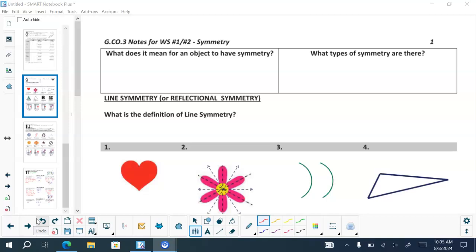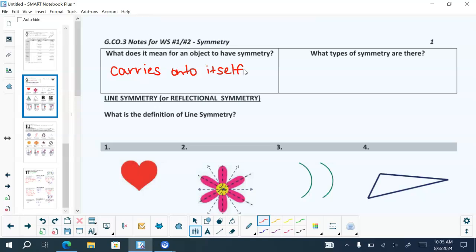Okay, so in order for an object to have symmetry, what that means to us is that it carries onto itself. So that means yesterday, when you did your symmetry activity and folded your patty paper, everything matched up real nice and neat.